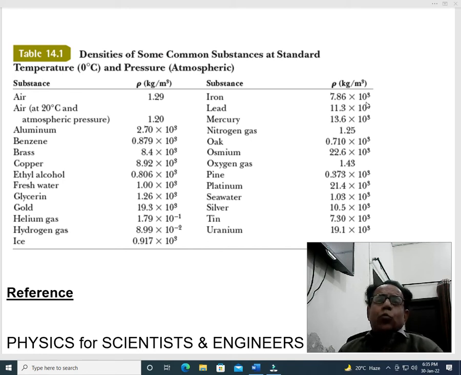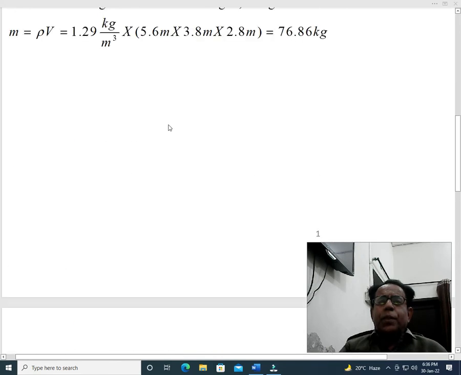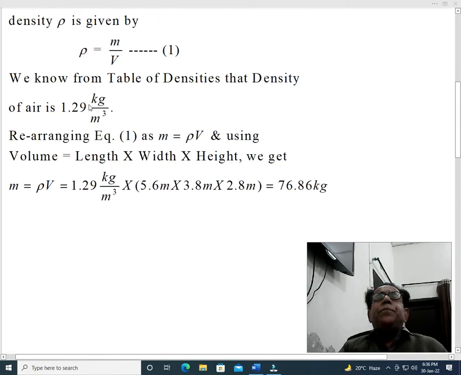Then air at 20 degree centigrade, its value is different. We will take this first value, 1.29. Then there is aluminium, benzene, brass, copper, and so on. We are concerned with the first value. We know from the table of densities that the density of air is 1.29 kilogram per meter cube.